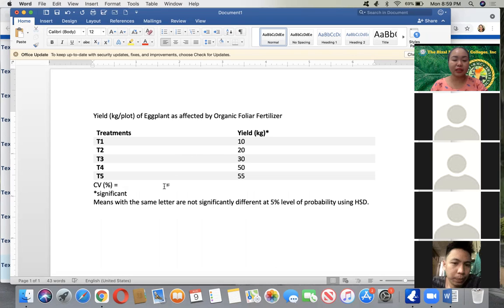And the CV, which is part of the statistical analysis, will tell you the variation.